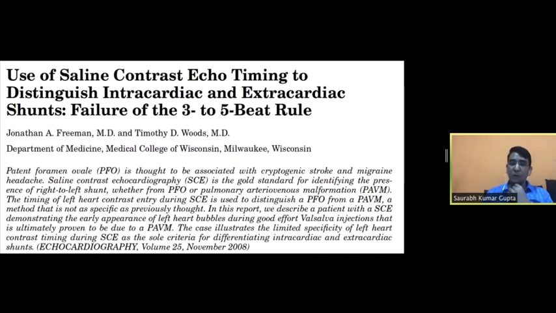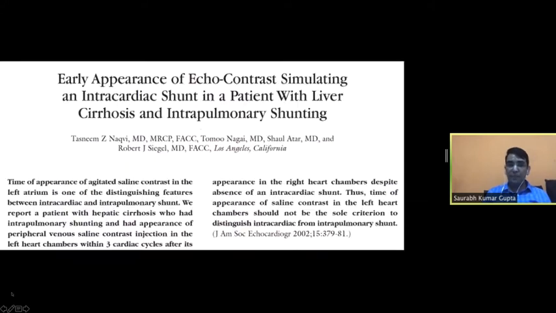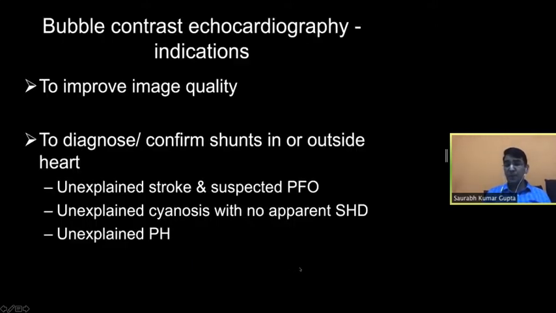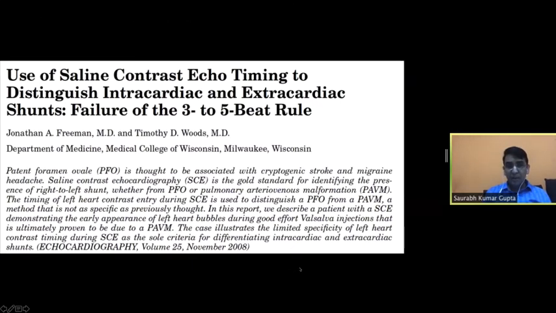Now coming back to our question, whether the 3 to 5 beat rule is such a sacrosanct rule, whether it is the rule to be followed all the time to differentiate between all these intracardiac and extracardiac shunts. Now this paper says that use of saline contrast echo timing to distinguish between intra and extracardiac shunts can have failure of the 3 to 5 beat rule.